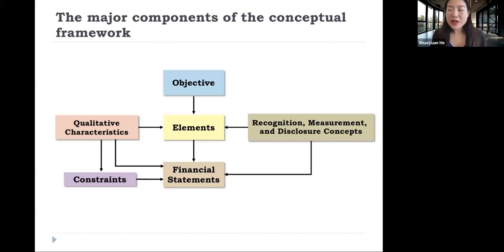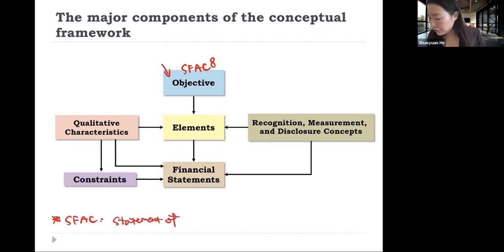There are several major components of the conceptual framework. One of them is defining the objective of financial reporting. It is defined in SFAC number 8. Again, SFAC stands for Statement of Financial Accounting Concepts.